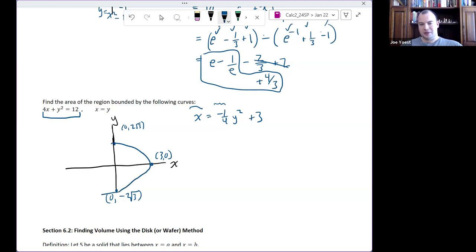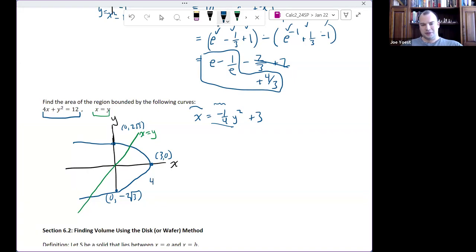So here's my parabola going like this. Parabola opening to the left, that's what I expected from analyzing it, and plotting points confirms it. And then x equals y is just y equals x, my 45-degree line. So this is x equals y.